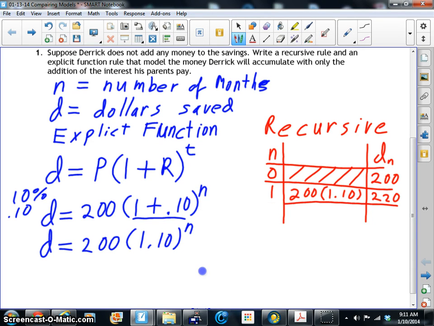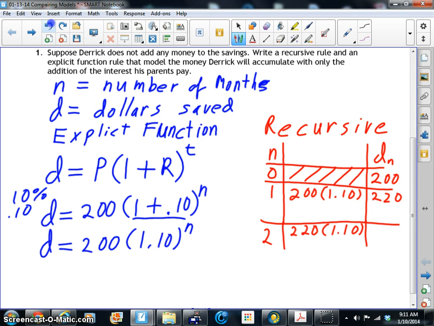With the next one, for number 2, that's going to be 220 times 1.10. And that's the way this is going to work from now on.